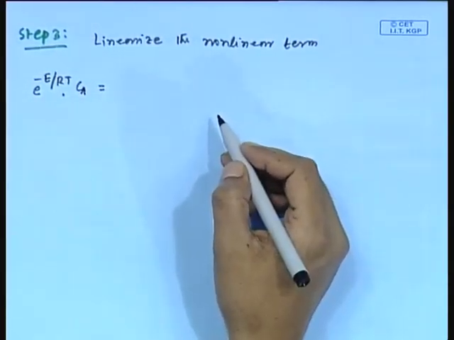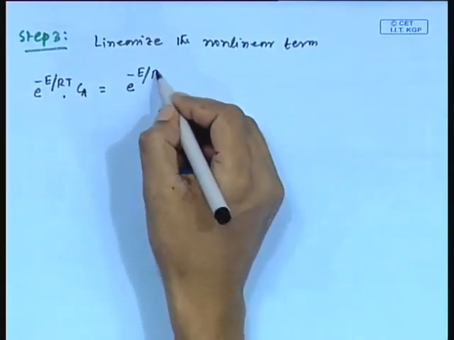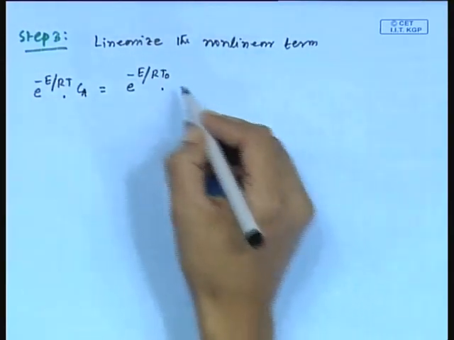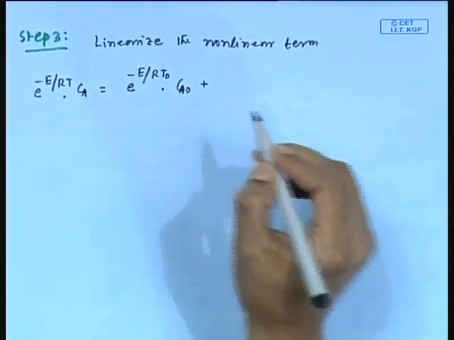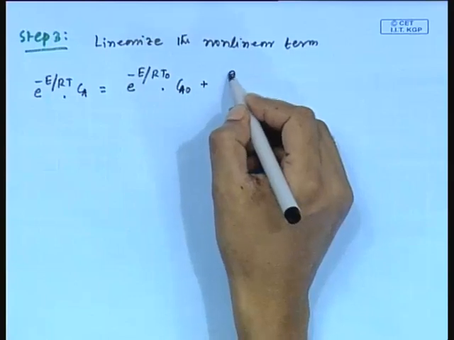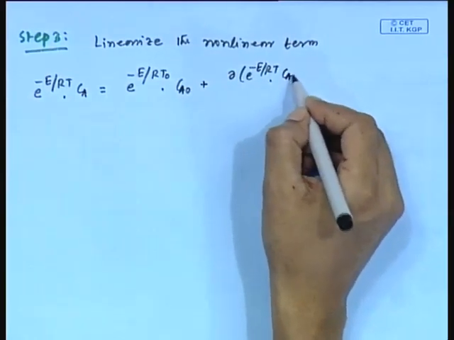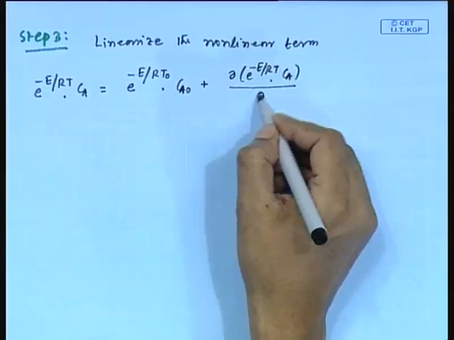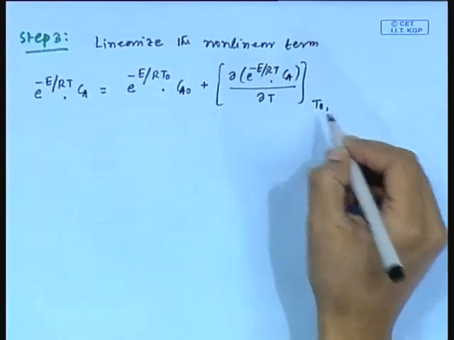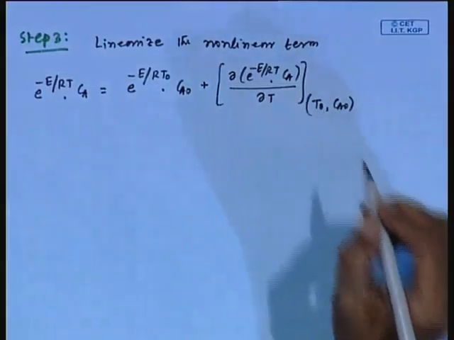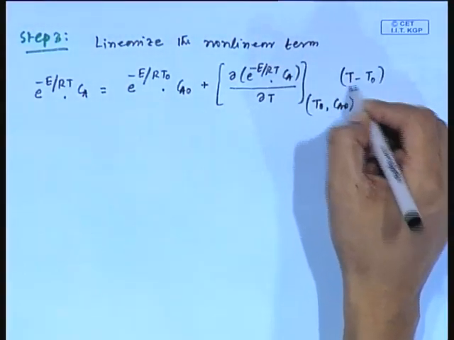This equals exponential of minus E divided by RT naught multiplied by CA naught. Then we will derive this, E divided by RT, CA, with respect to temperature at T naught, CA naught, multiplied by T minus T naught.